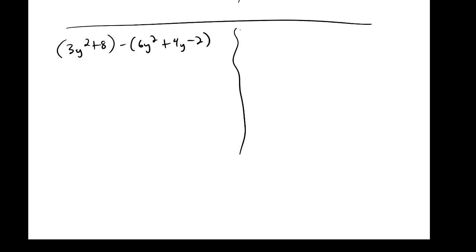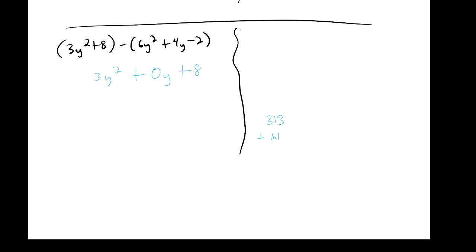So let's stack them. 3y squared plus 0y plus 8. Hold on, I don't see a 0y. What's 0 times y? 0. It's this. Guys, if I was just adding 313 plus 101, I wouldn't just do plus 11, right?